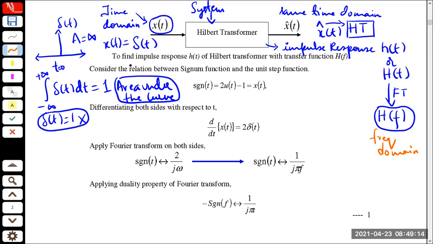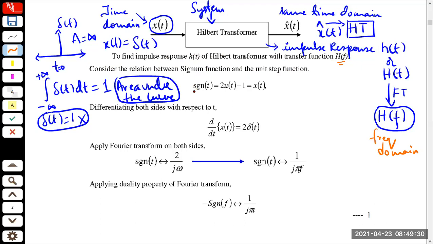Now, let's make an attempt to find out how exactly this h of f looks like. For the time being, let's consider the relationship between the signum function and the unit step function.